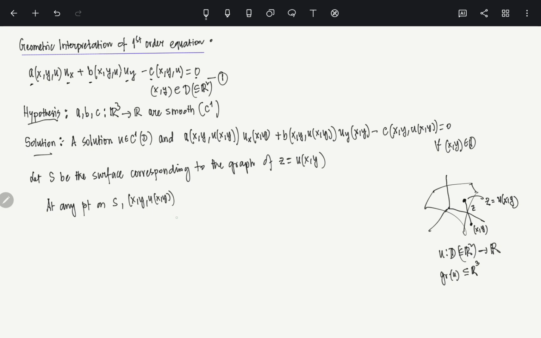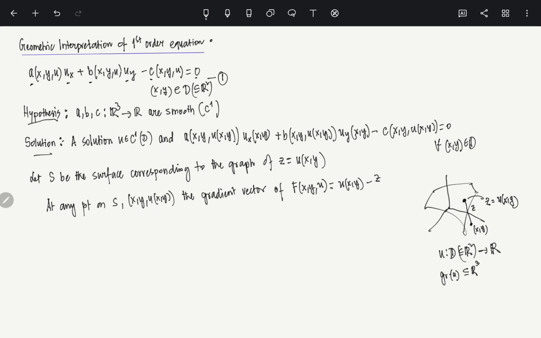If you look at the gradient vector at that point, the gradient vector of the capital F, which is given by F(x, y, u) equals u(x, y) minus z.